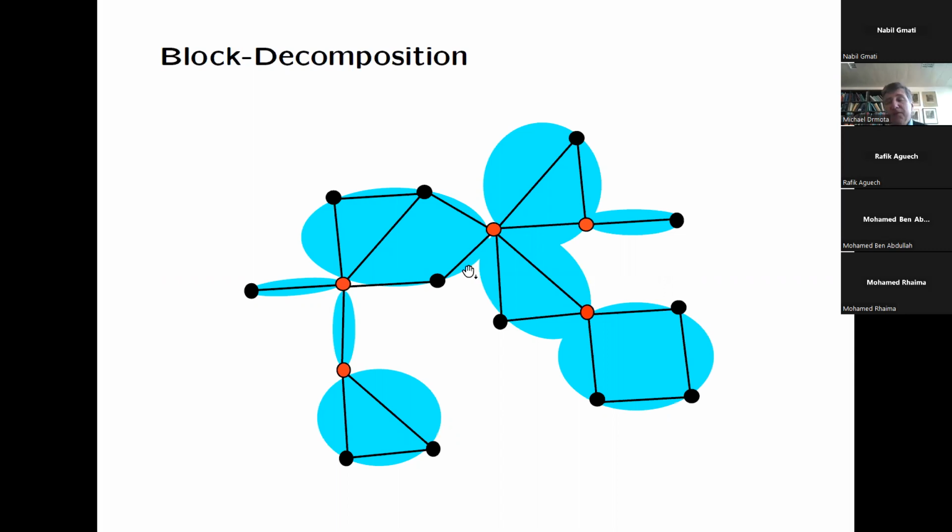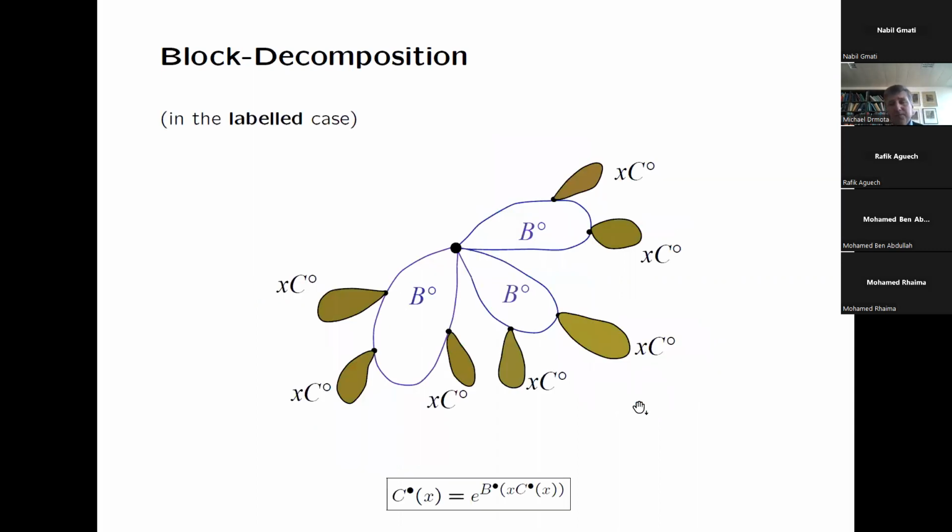But you can view it also the other way around, that you can start with the two-connected graphs of your class and put them together by introducing some cut points. And this is the way of doing it. So this equation that we have seen before relates the generating function of the two-connected graphs with the connected graphs with this block decomposition.